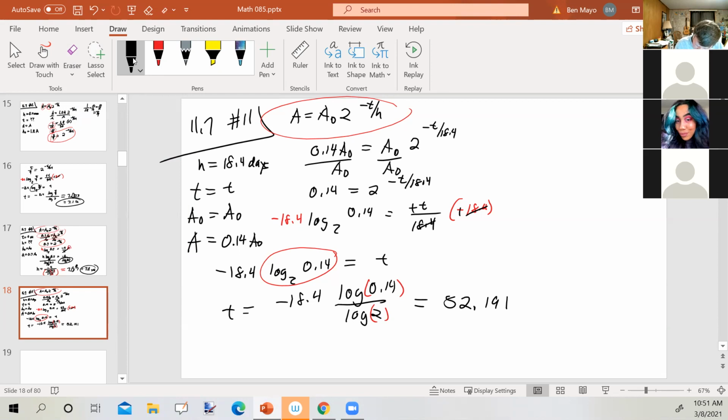It said round to the nearest tenth, the 9 would round up, so we get 52.2 days, because the half-life was in days. Okay, let's see, that's number 11.